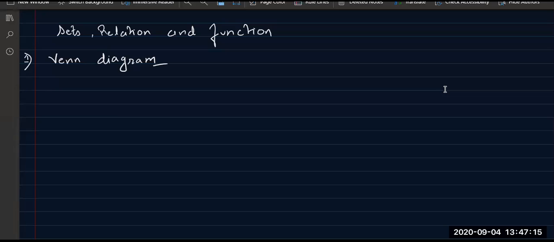If I ask you, what do you mean by a set? Everyone should reply. Think about it. What is a set? Snigdha said a group of number of anything. Anyone else?